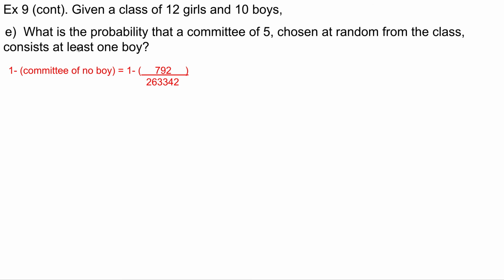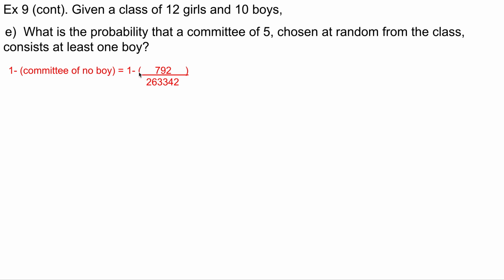So if there are only girls as the committee members, that's the complement. So to find the probability of at least one boy, you can subtract the complement, then you get the probability we want. Okay, so we can do 1 minus the committee of no boys to find at least one boy.